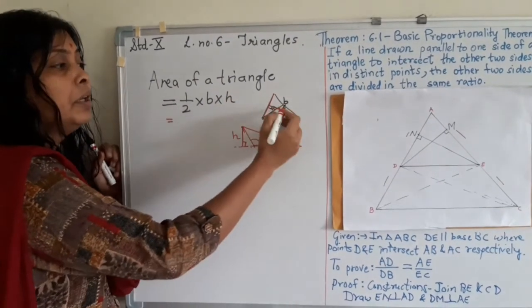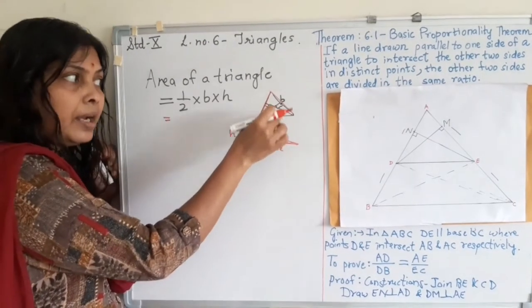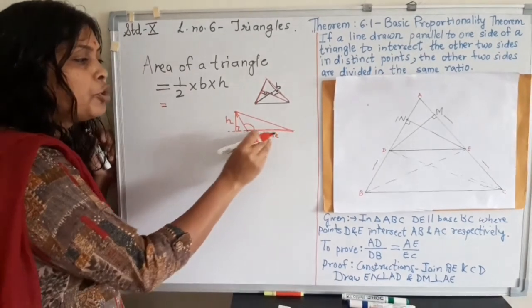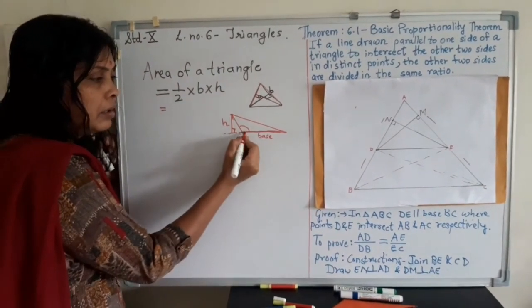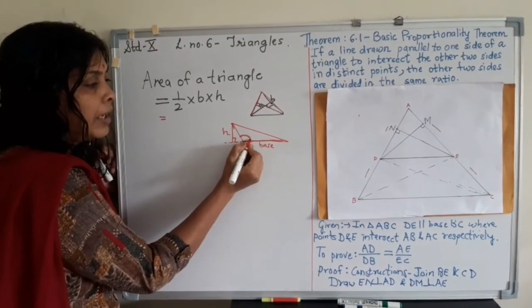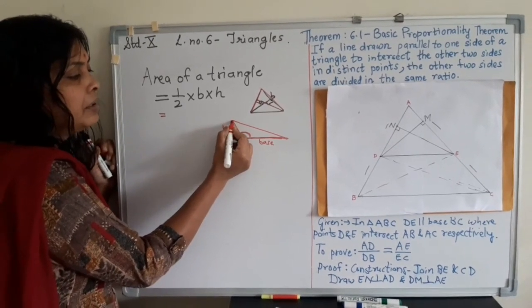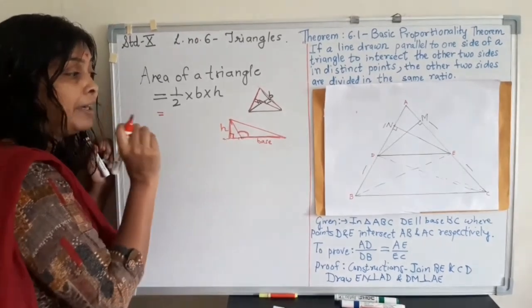In an acute triangle, the heights are drawn inside the triangle, but in an obtuse triangle, if the base is taken as one of the sides making the obtuse angle, then we have to extend that side and draw the perpendicular on that extended side, which is known as the height.